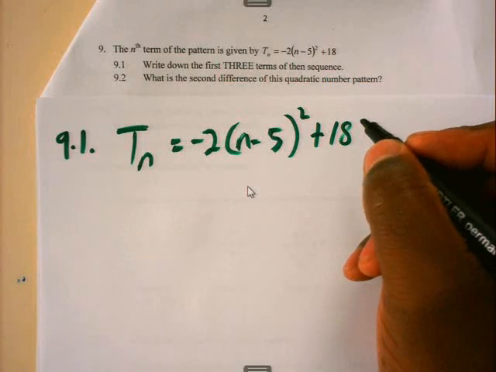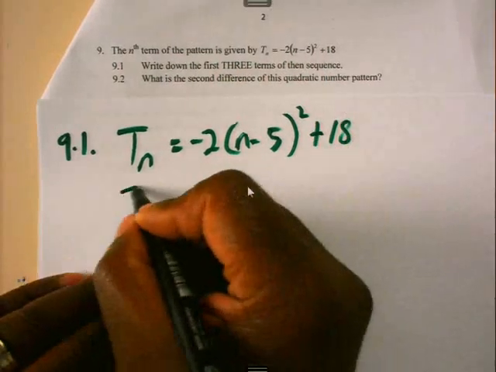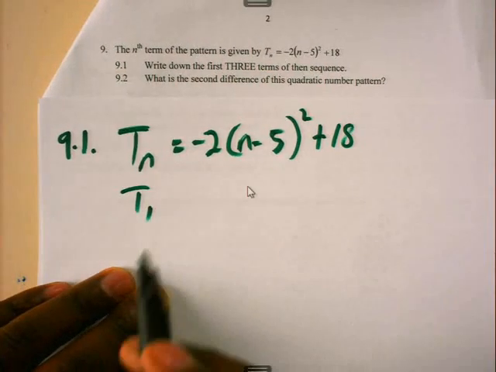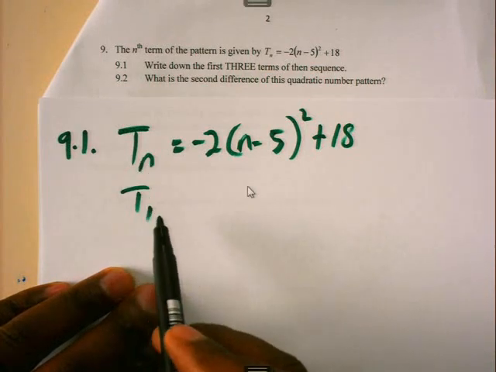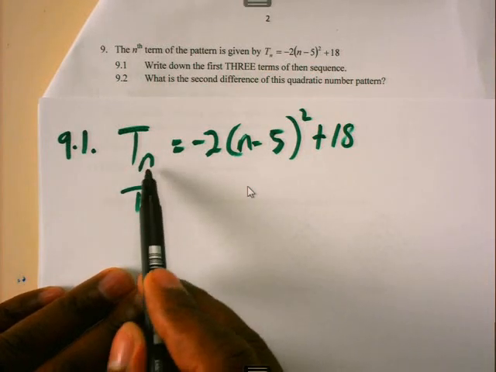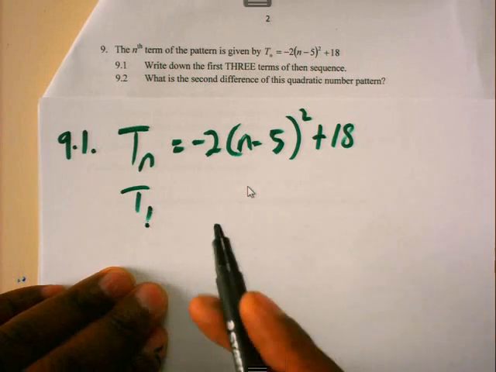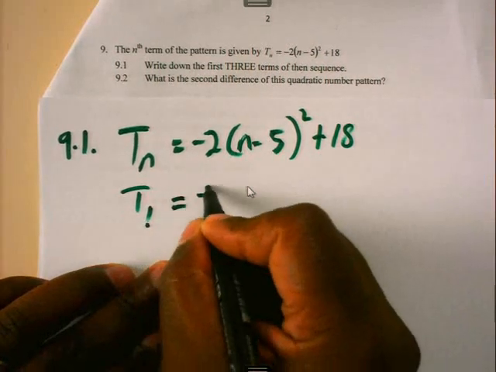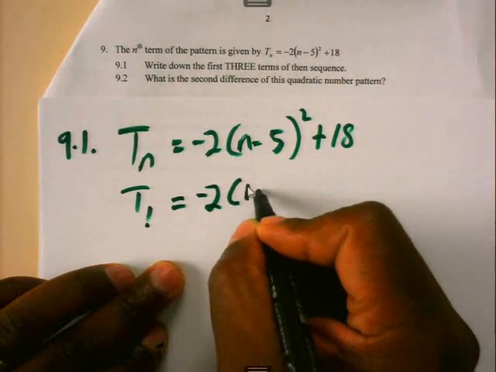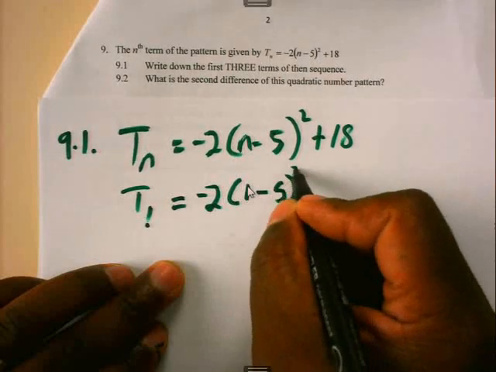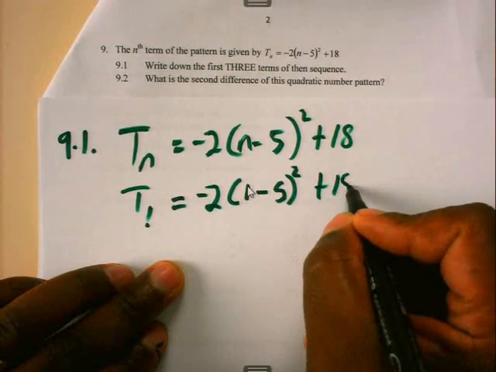So for the first 3 terms of the sequence, let's determine the first one. It means you substitute n by 1. Wherever you see n, you write 1. It's minus 2, 1 minus 5 squared plus 18.